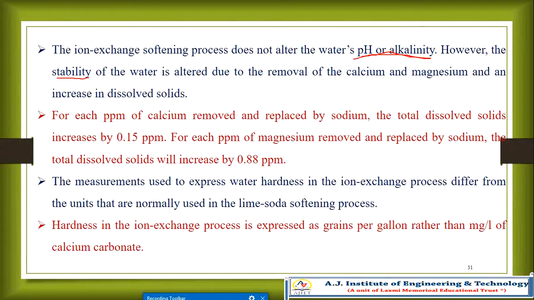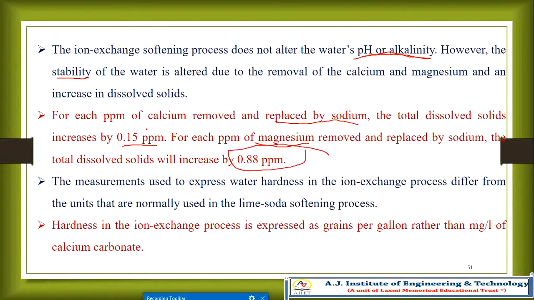For each ppm of calcium removed and replaced by sodium, because we are giving sodium ions to exchange, the total solids increase by 0.15 ppm. For each ppm of magnesium removed and replaced by sodium, the total dissolved solids increase by 0.88 ppm.